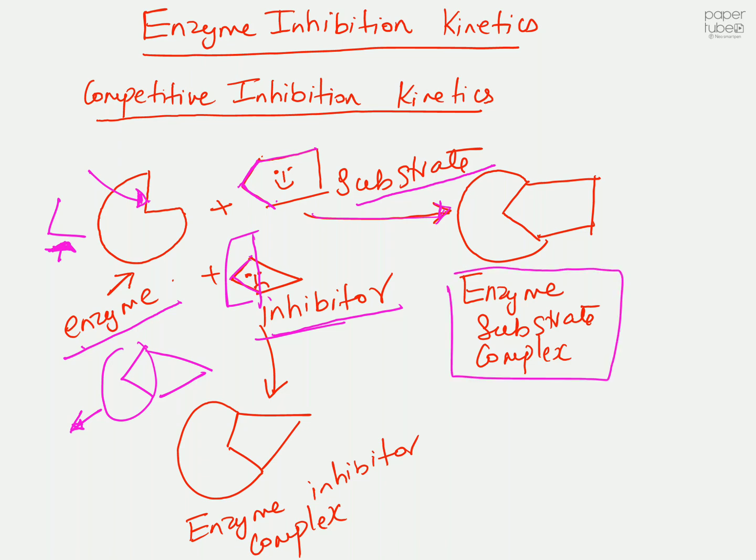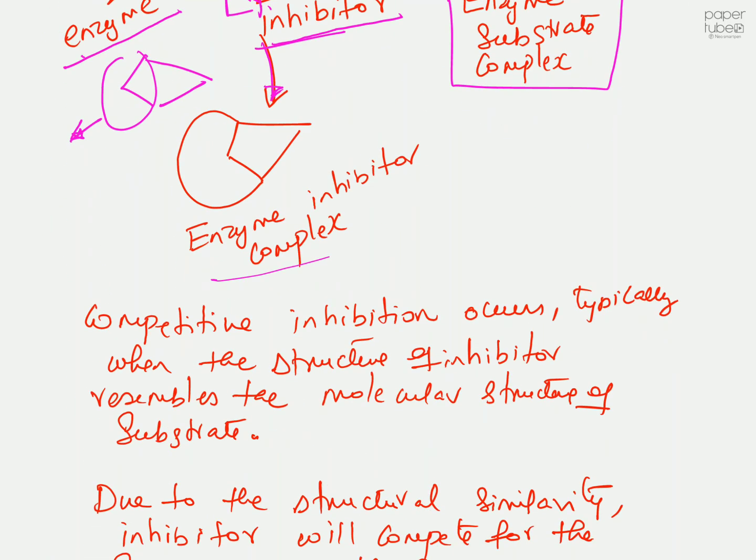Alternatively, your inhibitor can target the same binding site on the enzyme, and if that happens, you will end up with an enzyme inhibitor complex, which is shown here. Just follow the pen wherever I write, that's the area you should focus on the screen. So why do we call it a competitive inhibitor?